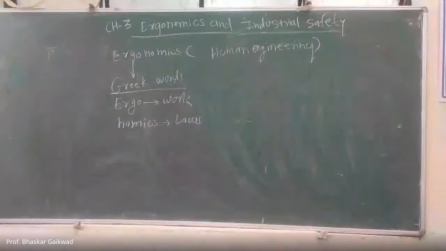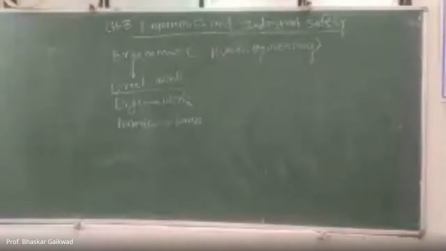Okay, due to internet problems, once again I will repeat: ergonomics and industrial safety. Ergonomics is also called human engineering, the study about the workers. These words we have taken from the Greek language.